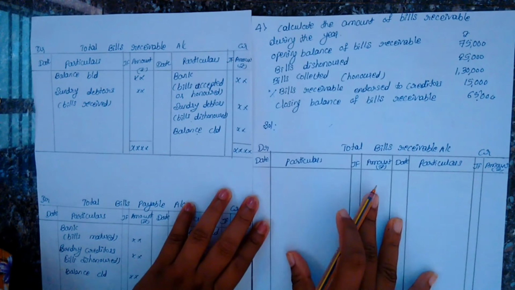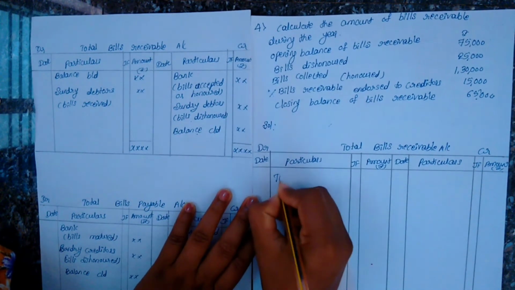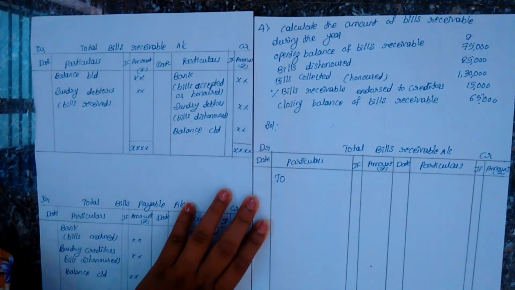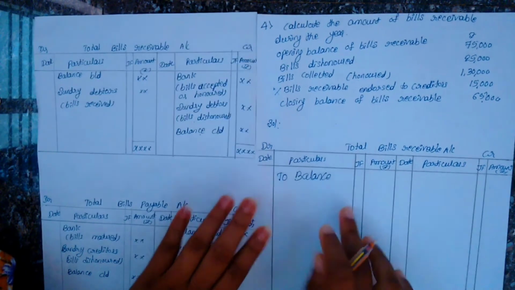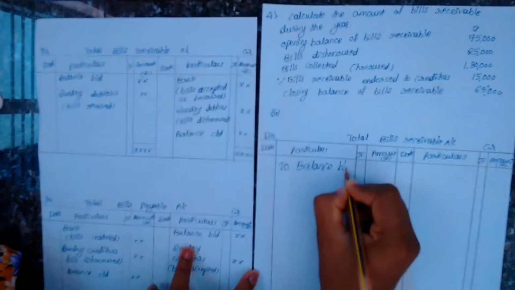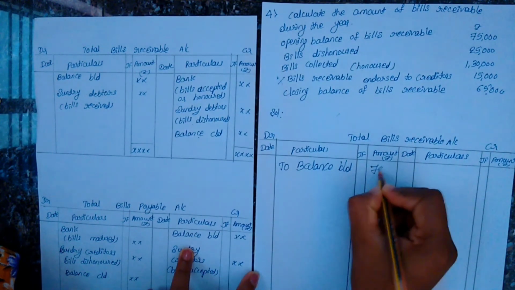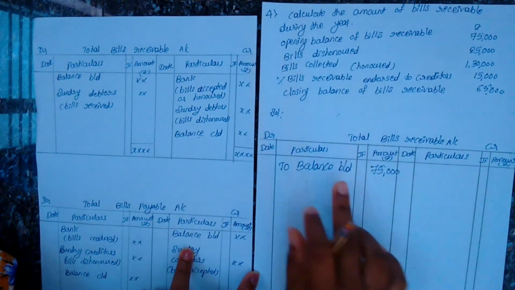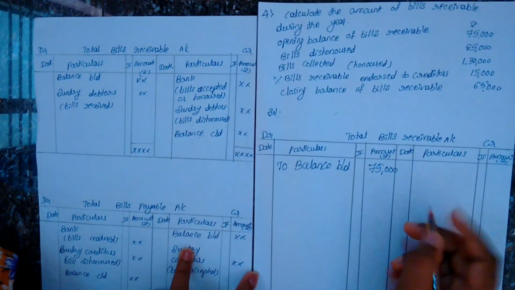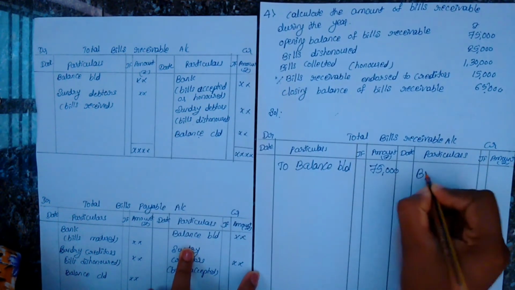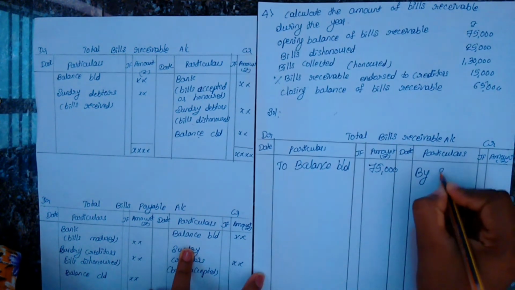First we have to write the opening balance of bills receivable. To balance brought down. To balance brought down, how much? 75,000 over. Next, bills dishonored. Bills dishonored we have to write in the credit side by sundry debtors.